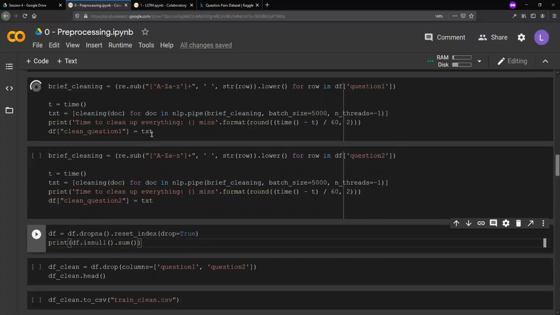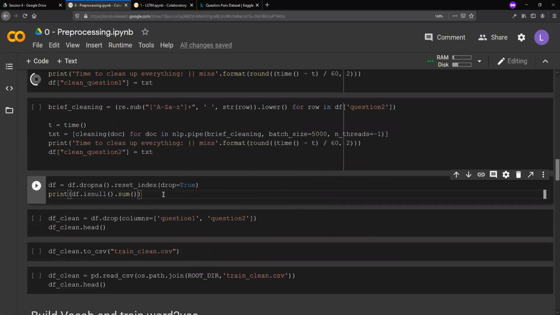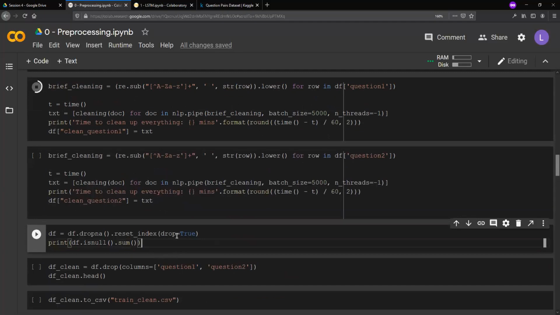So while we wait for that to load, let's go ahead and review the other components. Now, we want to make sure we also drop any null values again, just in case during our pre-processing, for instance, we had some entries where our text was all numbers that wasn't initially clean to begin with, and our pre-process would have cleaned that component out.